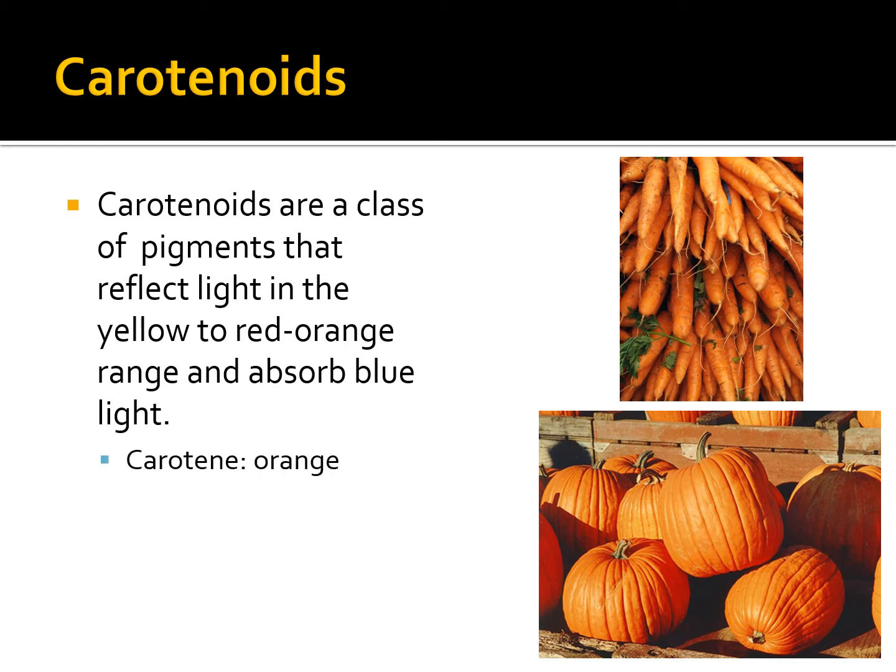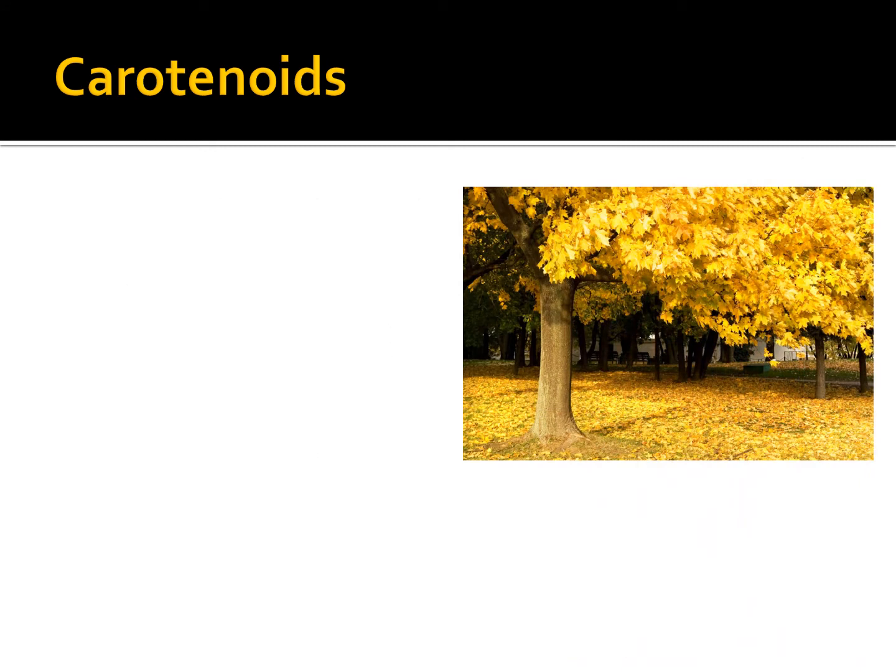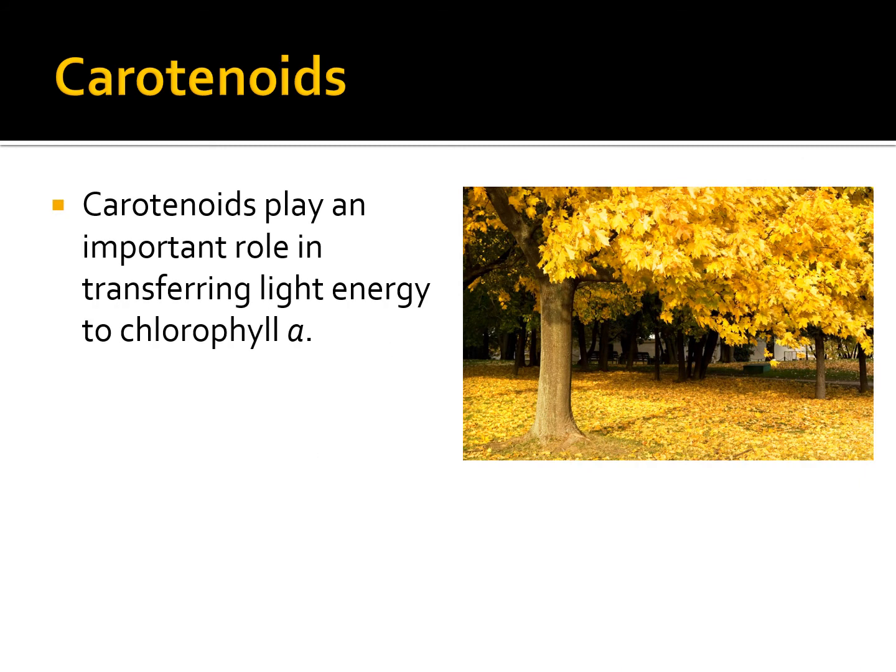Okay, so within the carotenoid class of pigments, there is a certain pigment called carotene, which is an orange-colored pigment, and you find that in pumpkins and carrots. And there's another carotenoid called xanthophyll, which is a yellow pigment. So if you look at this tree, this is a fall color on a tree.